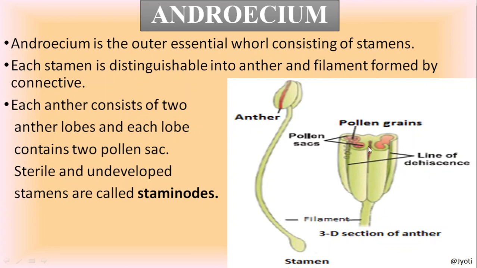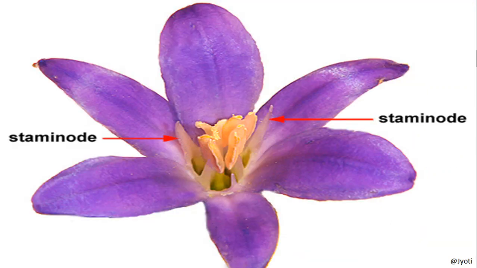This is one lobe, this is another lobe, and each lobe contains pollen sacs inside which the pollen grains are produced. Okay. In some cases, the stamens are sterile and undeveloped, and such stamens are called staminodes. Here you can see the stamens are very much reduced.